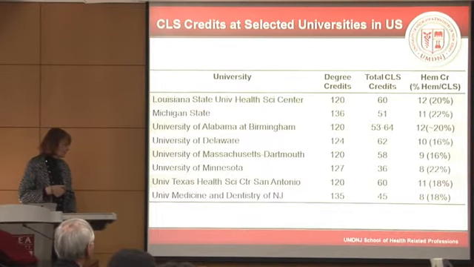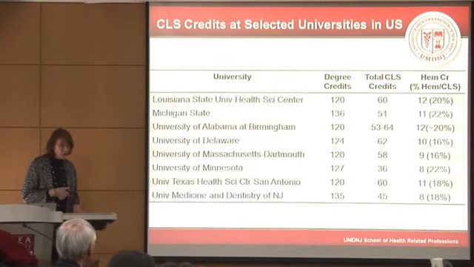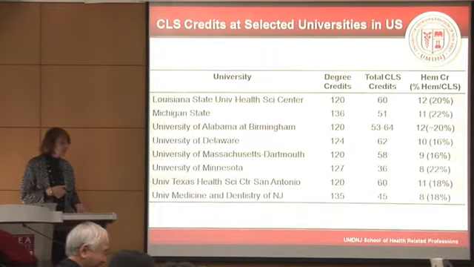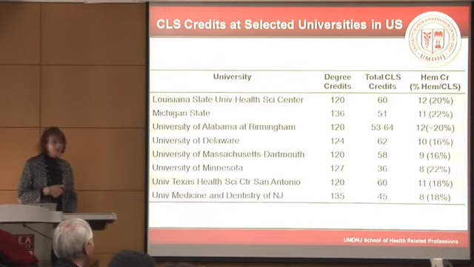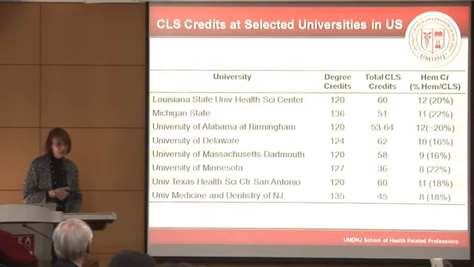This is us here at the University of Medicine and Dentistry of New Jersey. We have a 3 plus 15-month program. So we have 3 years of pre-professional education and then 15 months of clinical courses. So we have 45 credits. So the number of credits varies, but you still have to cover the same material.